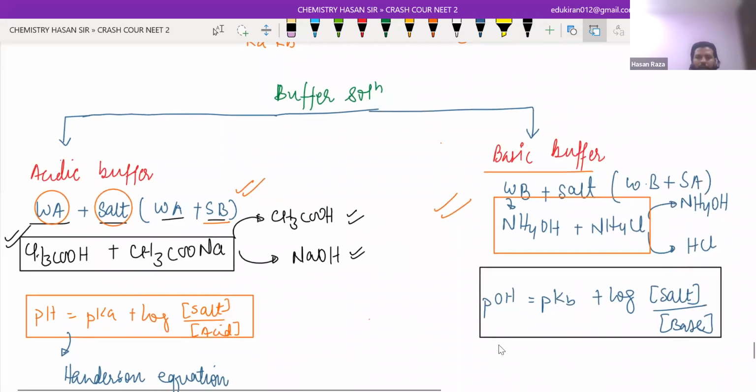So this is how we will calculate the value of pOH in basic buffer and pH in acidic buffer. If someone asks you what will be the pH of the basic buffer, it's very simple. As I already told you, pH plus pOH is equal to 14. And if anyone asks you anything, you can easily convert this with the help of this formula.